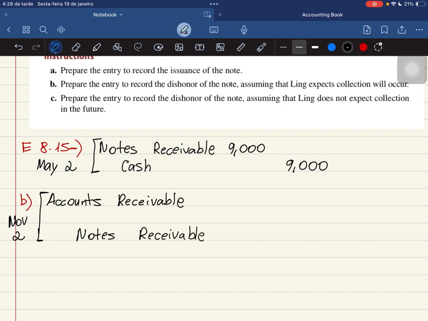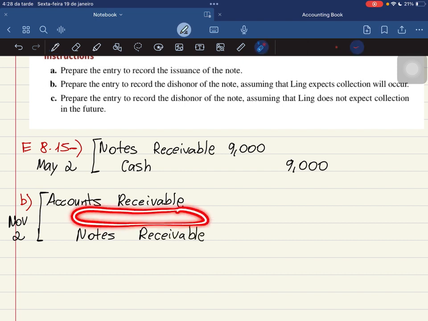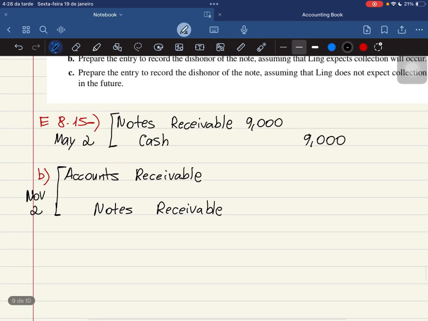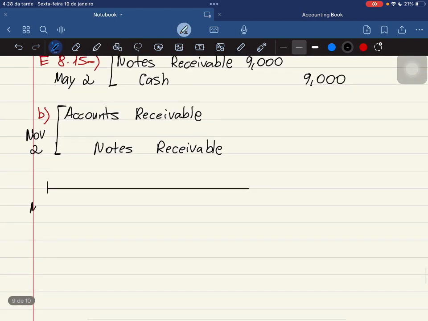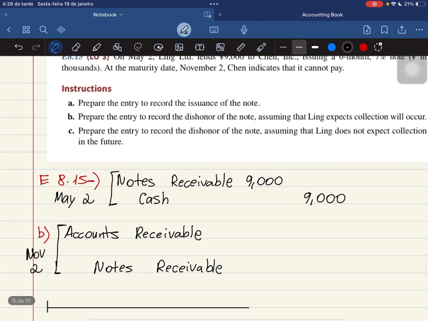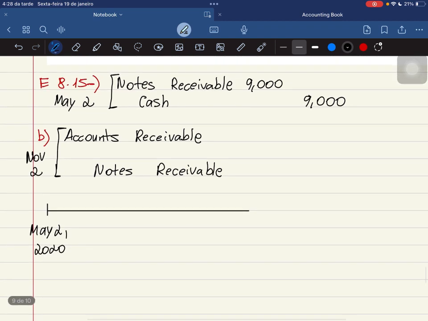Now, you might be wondering, in this space over here, aren't we supposed to have two types of interest, interest revenue and interest receivable? Well, in this case, not necessarily, because I'm going to make a timeline for you here. The note was signed on May 2nd. We don't have the year, but let's say that it is 2020. And it is a 6-month note, which means that it's going to go until when? November 2nd of 2020.